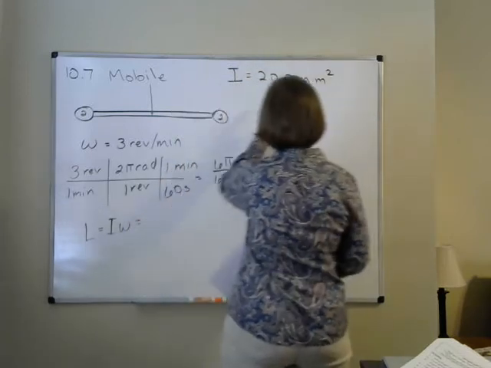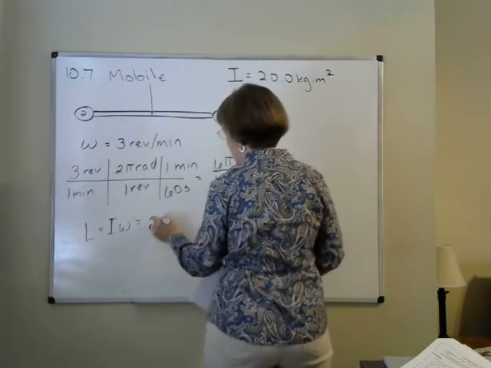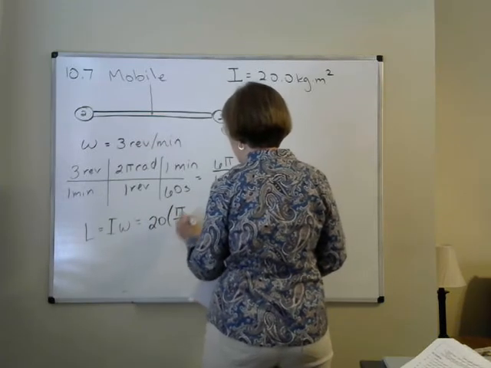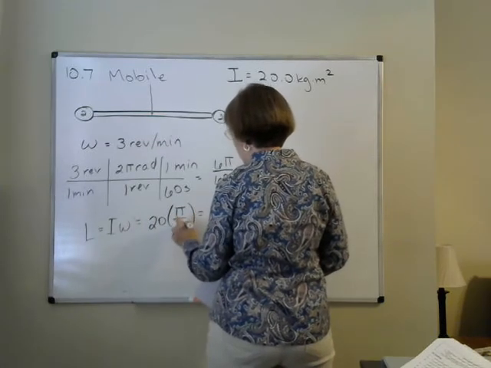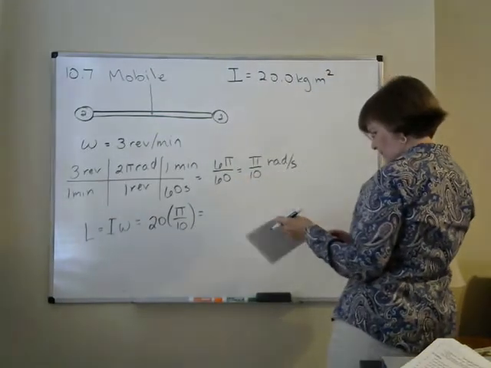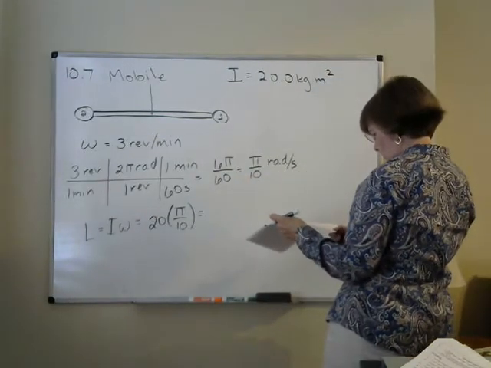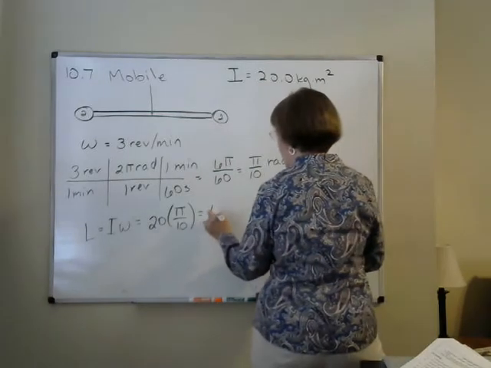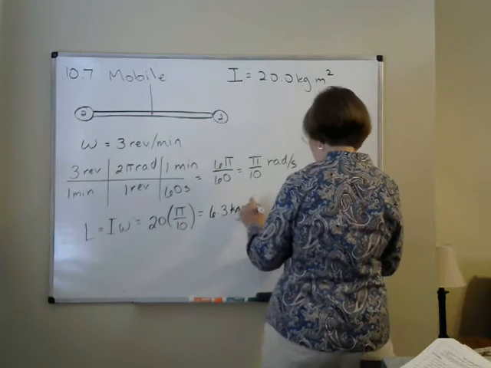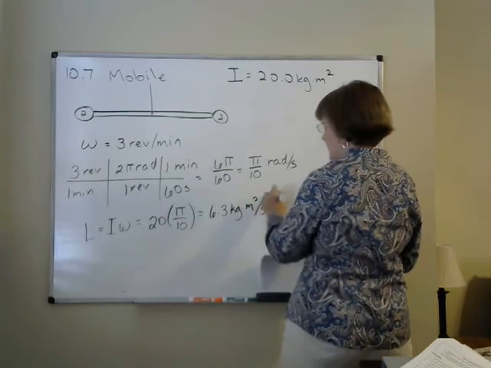I was 20. Omega was pi over 10. Now I do want to go ahead and round that, and that comes out to be 6.3 kilogram meters squared per second.